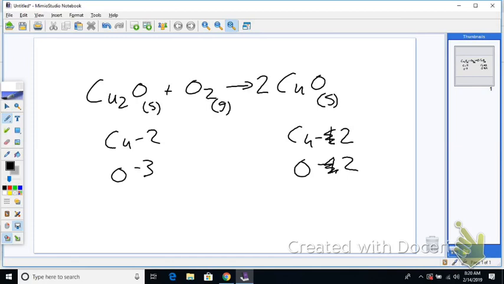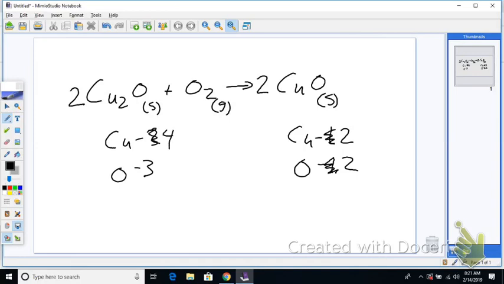Okay. So what I would do is I would try to manipulate the one that has multiple variables instead of the oxygen, because that one you can just put a number in front of. So let's just start manipulating it and kind of seeing how we would go. So let's say if I put a 2 in front of this, then that makes how many coppers? 4.